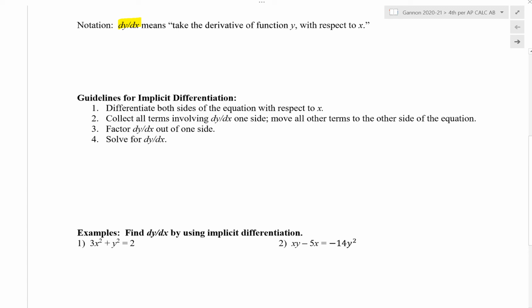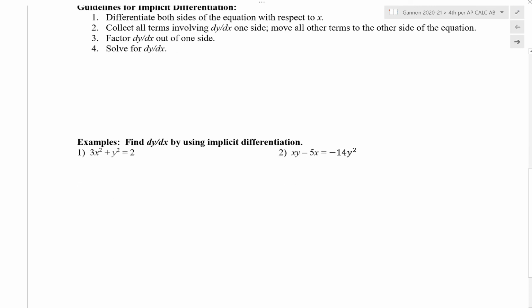We're going to collect all terms involving dy dx on one side, and move all other terms to the other side of the equation. We can then factor out the dy dx from all those terms containing it and solve for dy dx. That's how we will end up with our derivative dy dx.